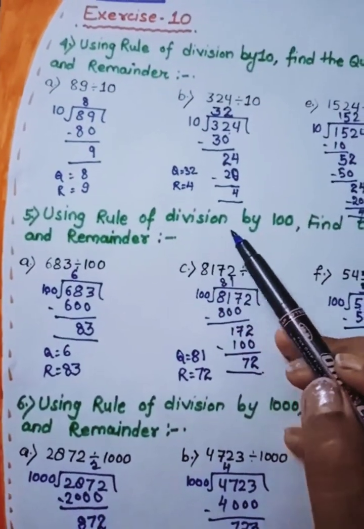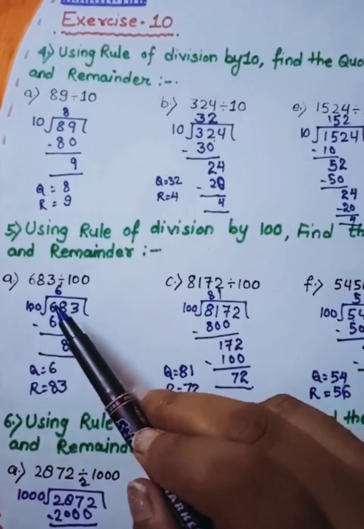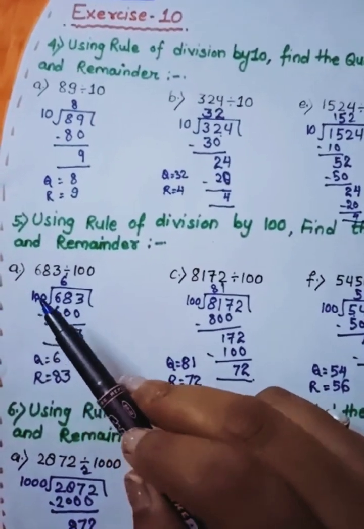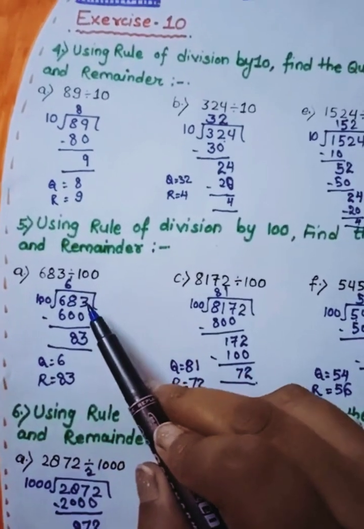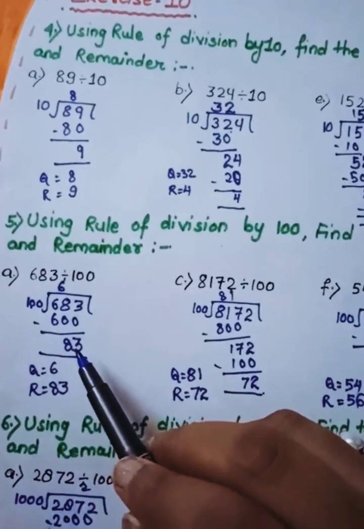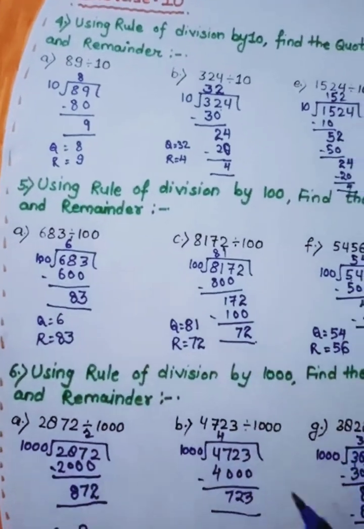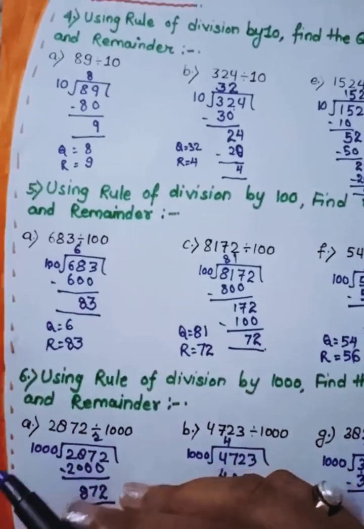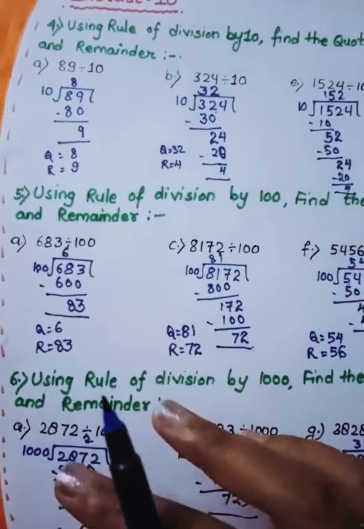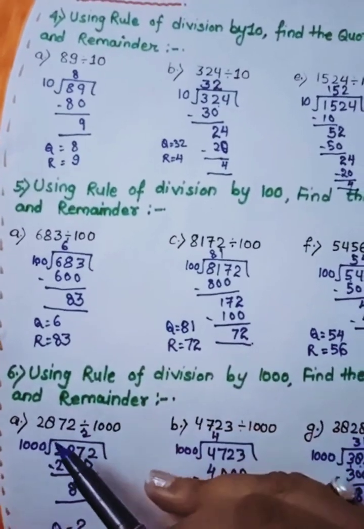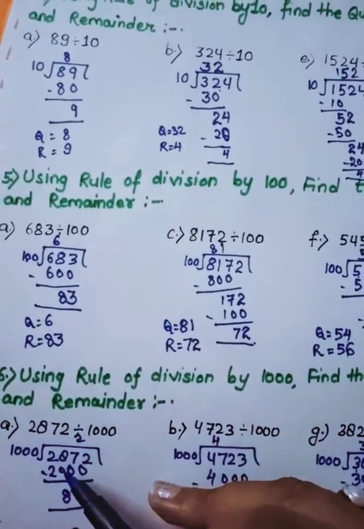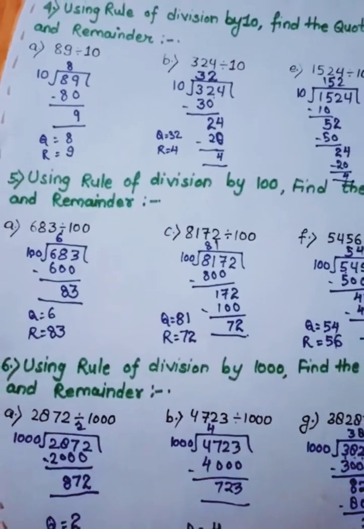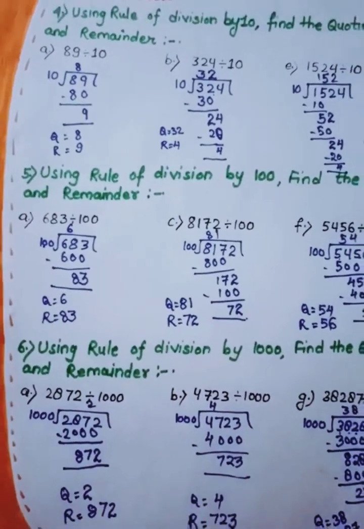And in division by 100, only the hundreds place, or if we have thousands place also, those digits will be in the quotient part, and the ones and tens digits will be placed in the remainder part. And in division by 1000, only thousands or 10,000 or lakh, if we have that many place values in the number, only those digits will be placed in the quotient part, and the rest of the ones, tens and hundreds place digits will be there in the remainder part. Okay, so this is how we have done it.